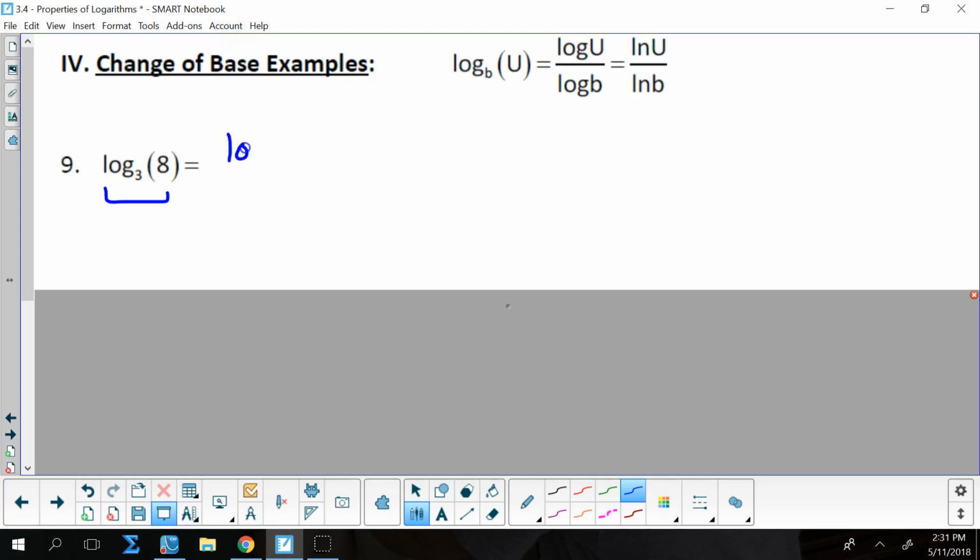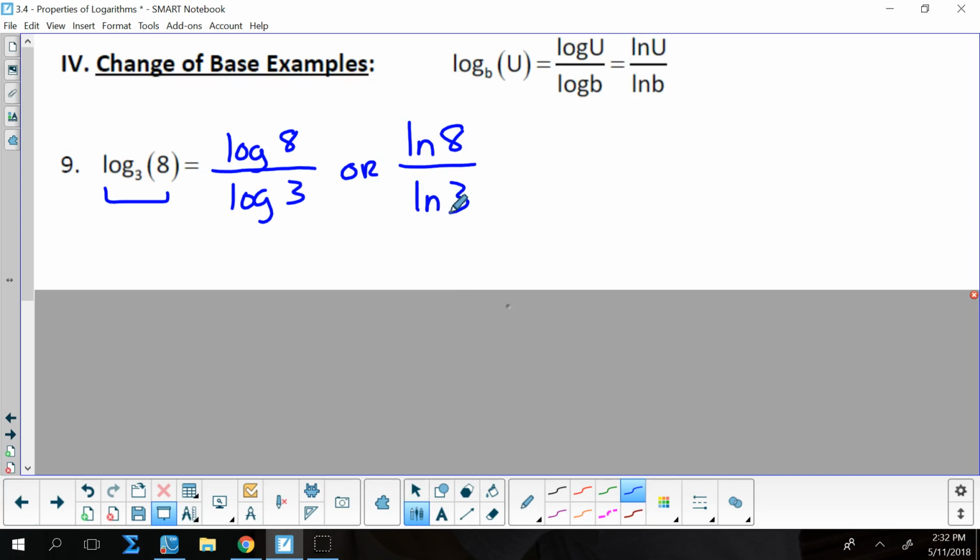So I would go log base 10 of 8 divided by log base 10 of 3. Or I could do the natural log of 8 divided by the natural log of 3.